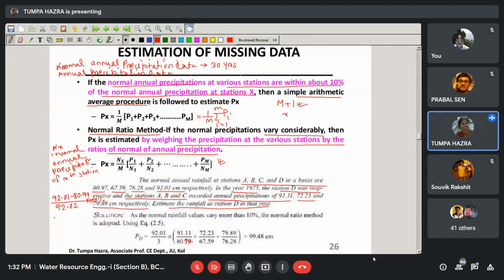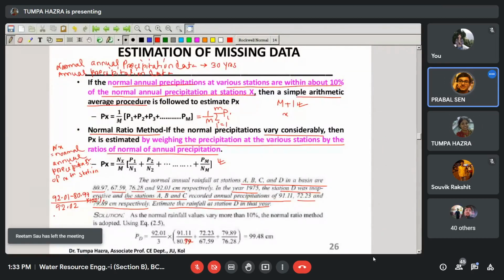Now here, if you check, 12.09 minus 80.97, or even 66.59 if you consider, then you will obtain the maximum difference of the normal rainfall values, which comes to 24.42. So that is greater than 10%.